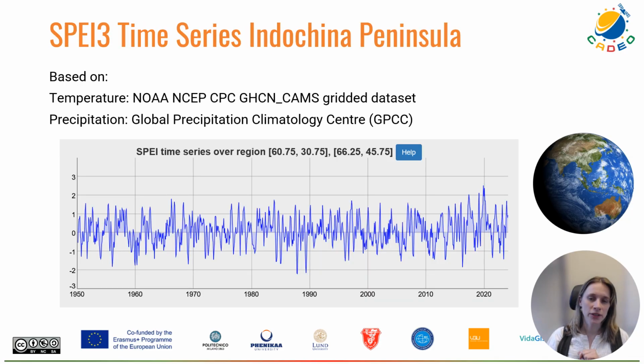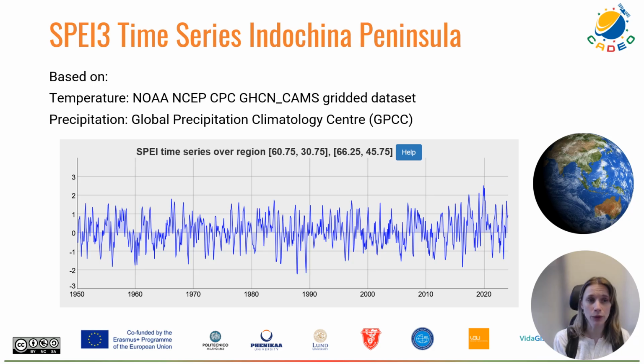So here I have put an example time series over the Indochina Peninsula, and it says SPEI 3 here, and this means that SPEI usually comes with an aggregation of several months of data, which makes sense because usually you don't have a drought over just 1 month affecting anything, but if you have it over 3 months or 6 months, it's relevant to look over a longer time period.